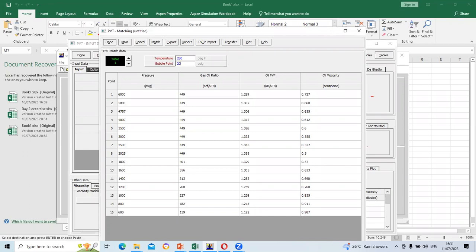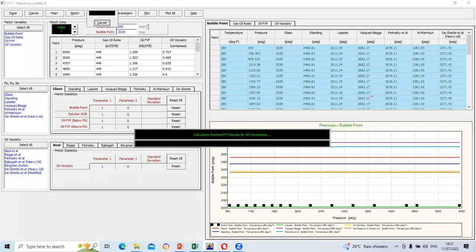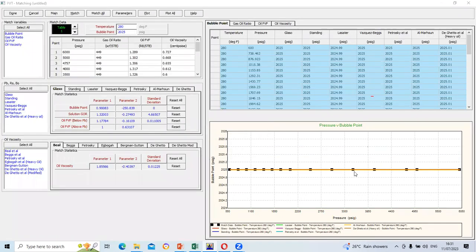All right, I'm going to click on match. Then I will take match all. Okay. So the matching parameter 1, parameter 2 and the standard deviation for all the methods have been calculated. What I will do now is I want to produce a plot to see which one is the best match.